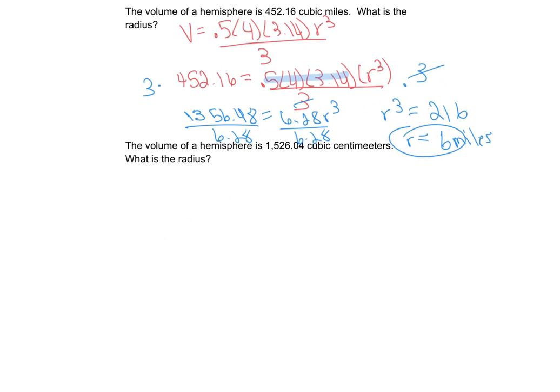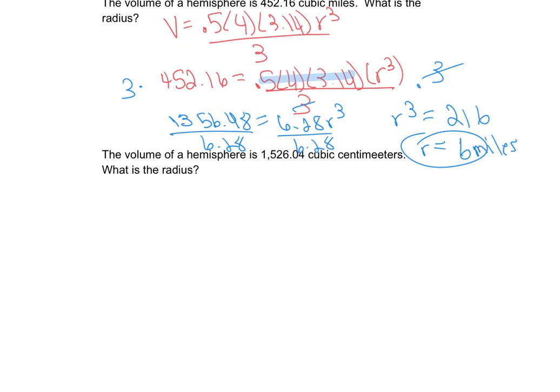Okay, last but not least, we're going to do one more last question, which is 1,526.04 is half of 4 times pi r to the third divided by 3. Two steps at once.